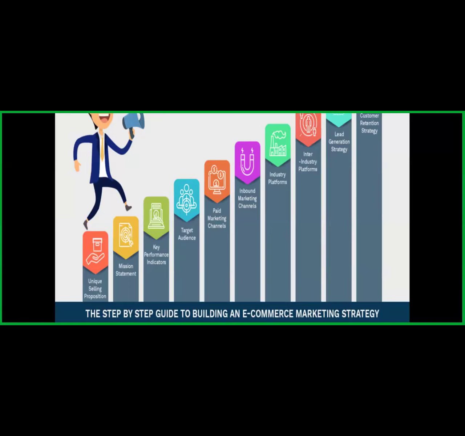Then lead generation strategy, how the lead generation strategy will be implemented. Lead generation, again, we have just discussed the example. The moment I click on shoes, immediately I get pop-ups. If I'm using Gmail, immediately those pop-ups are there.